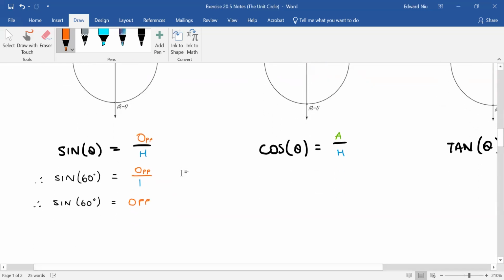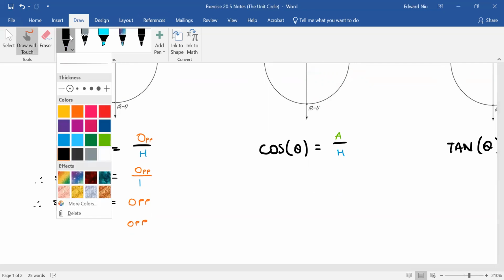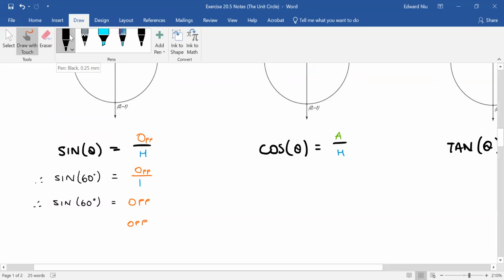So if you go into your calculator, let me just write opposite one more time. We can go into our calculator and say, what is sine 60? Sine 60 is root 3 on 2, which is also known as 0.866.